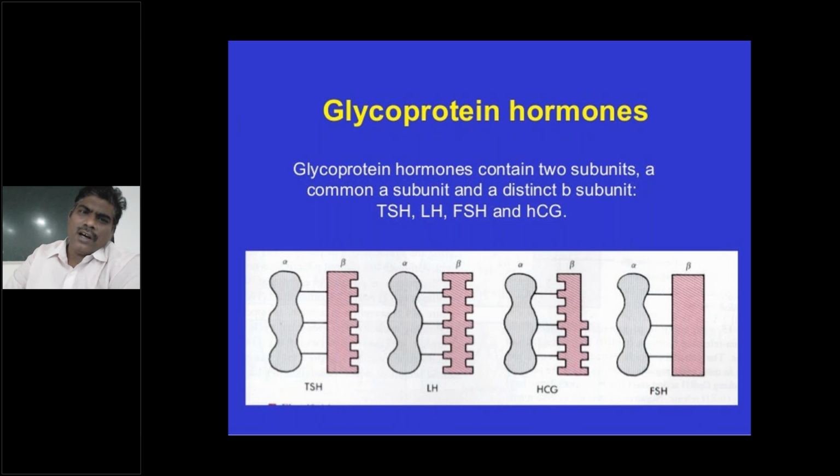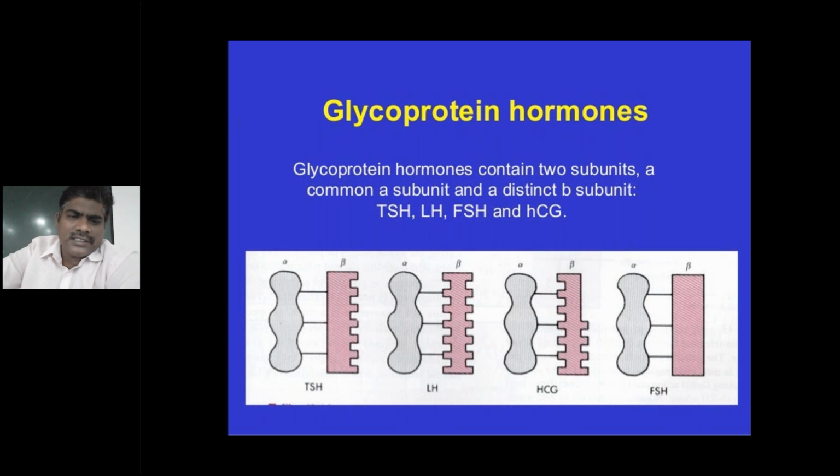These glycoprotein hormones are thyroid stimulating hormone, luteinizing hormone, follicle stimulating hormone, and human chorionic gonadotropin. They are made up of two subunits, alpha and beta. The alpha subunit is common to all the hormones, but there is a variation in the beta subunit.